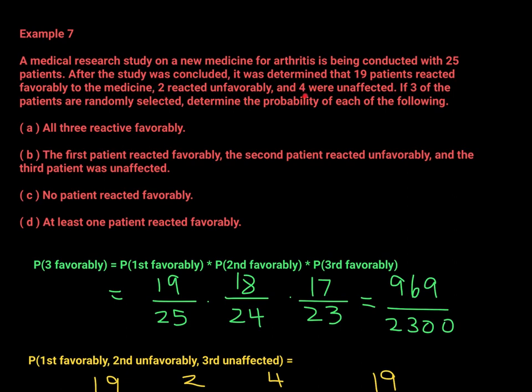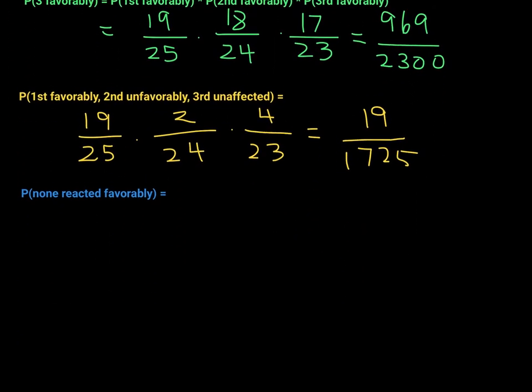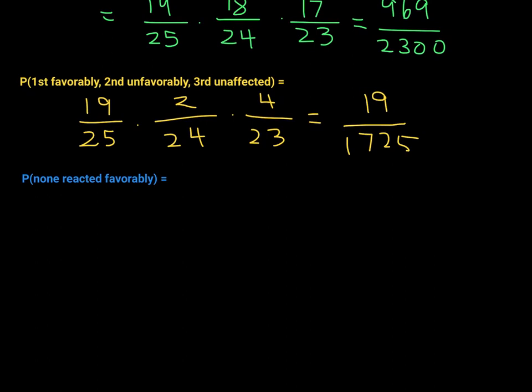So that means 2 plus 4, 6 out of the 25 did not react favorably. 6 out of the 25. So I just want us to be careful about pulling the right numbers there.